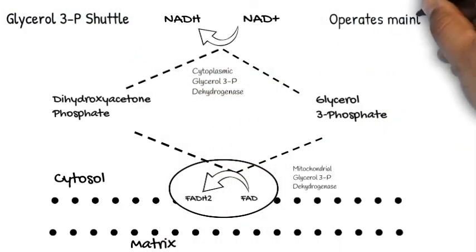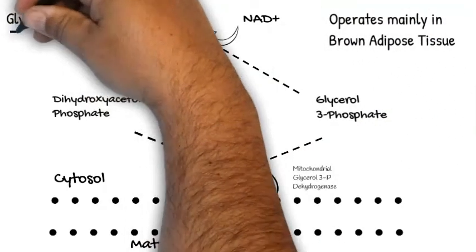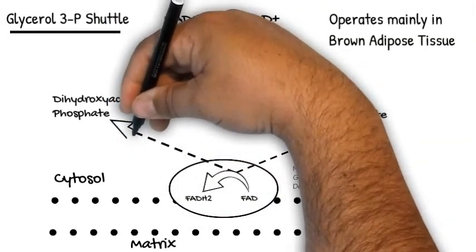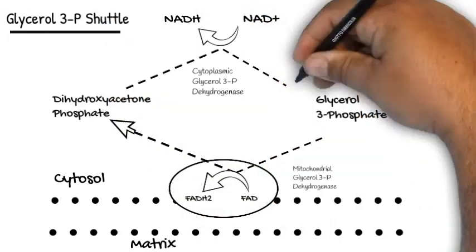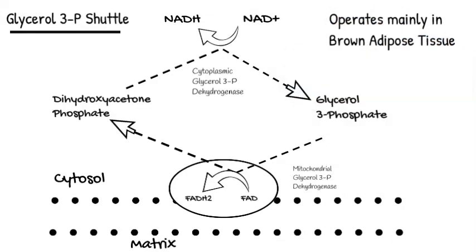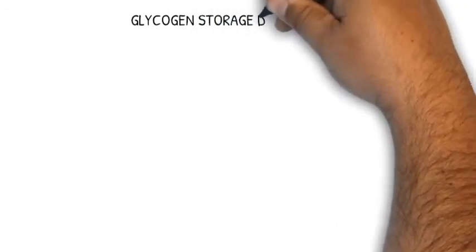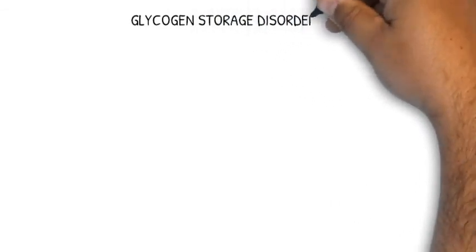The FADH2 goes to complex 2 of the electron transport chain and will only generate 2 ATPs instead of the 3 ATPs generated from NADH. And because of that, the additional energy is used as body heat.